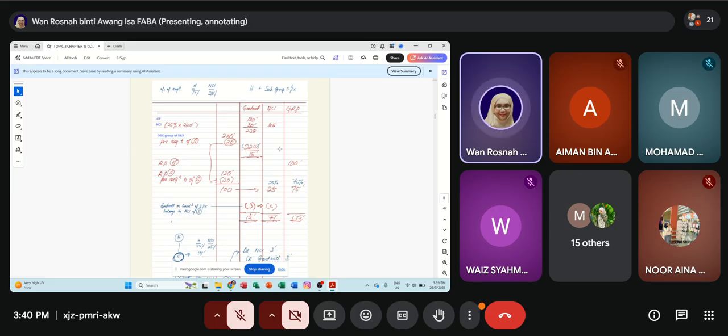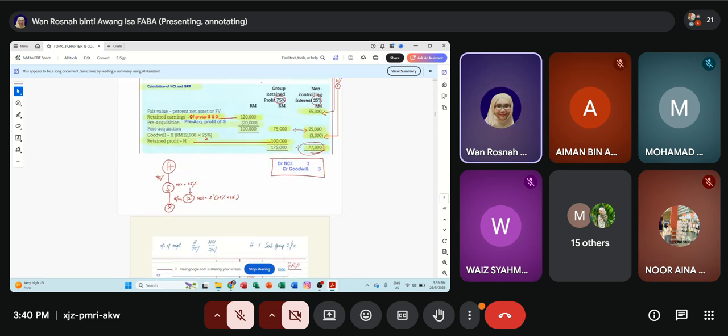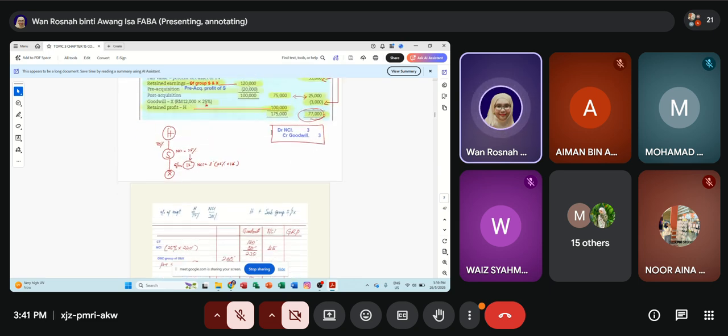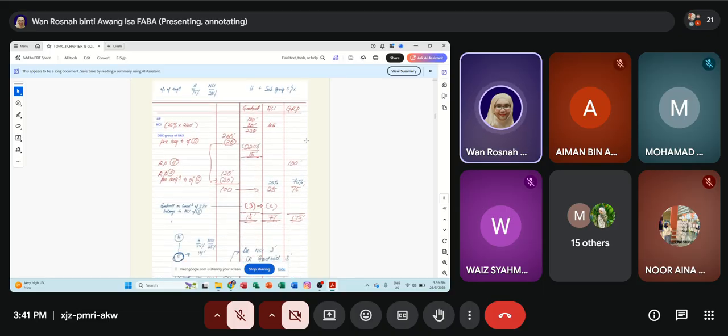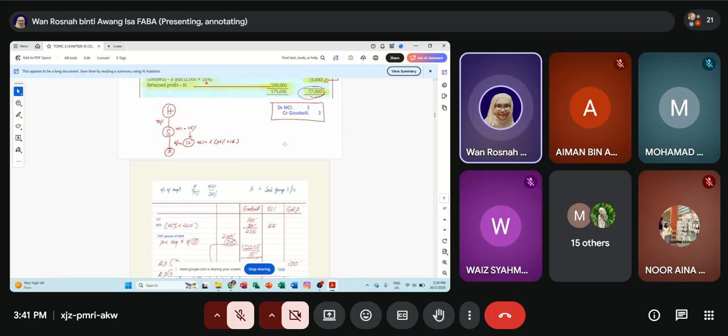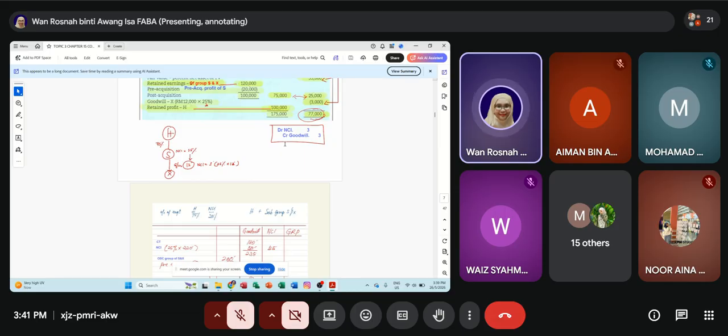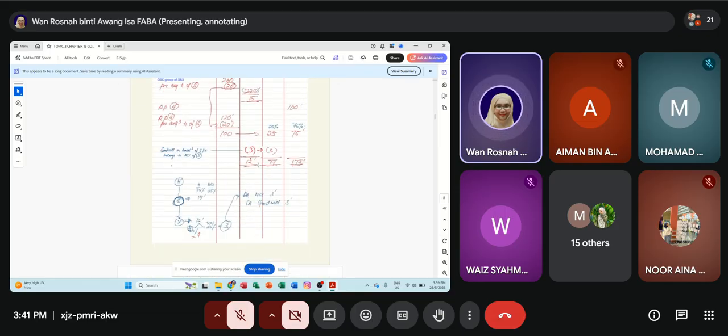And then the total NCI here, last you have to minus 3,000. Right, so minus because you have to eliminate, which is you debit NCI 3,000 and credit goodwill 3,000. Why you have to eliminate, because the 12,000 is already included in this 15,000.